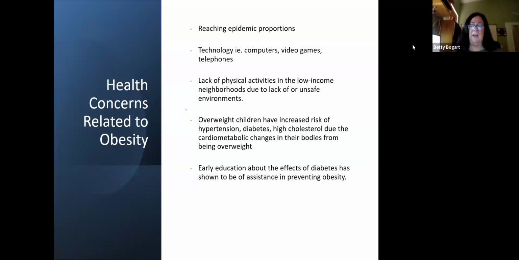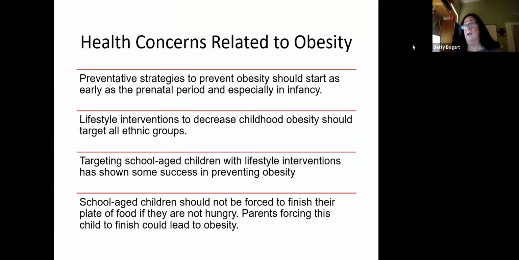So they say the earlier we start preventing obesity, the best. And they say it starts when you're pregnant with that child, making sure, number one, that you're feeding that child good nutrition when you're pregnant, and then afterwards continuing. We know obesity hits all ethnic groups.